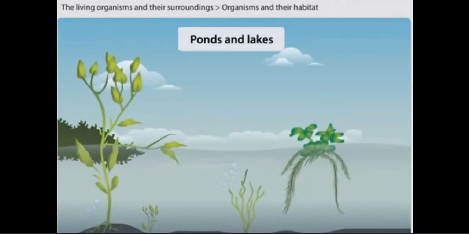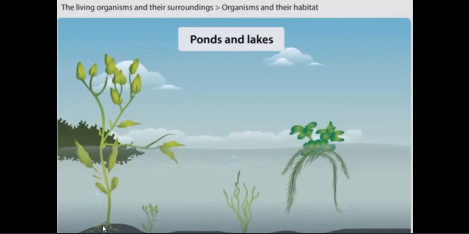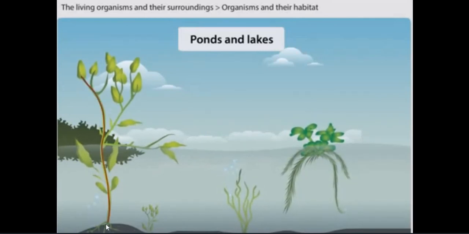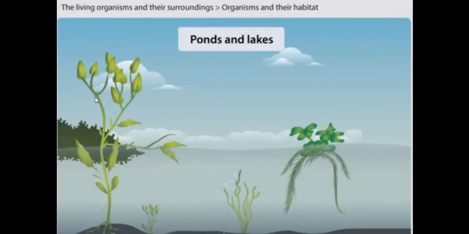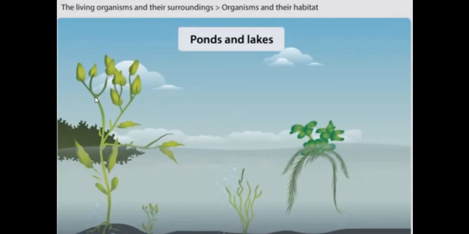There are also some plants in ponds, lakes and rivers. If you see, these plants have very small roots just to make them stick to the seabed or the soil region. They have long, narrow stems. These long, narrow stems let them float on the surface of water.